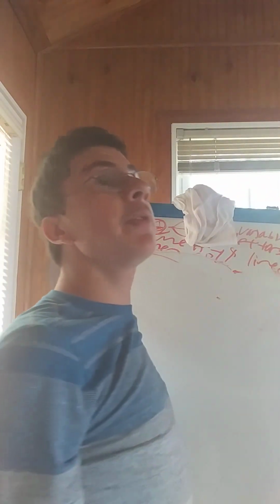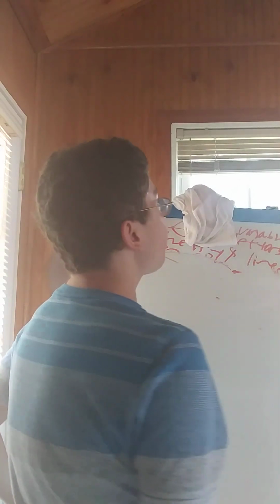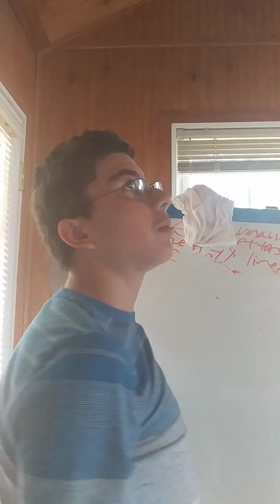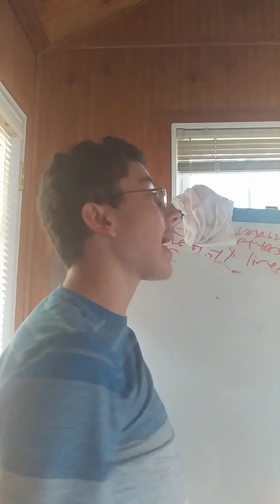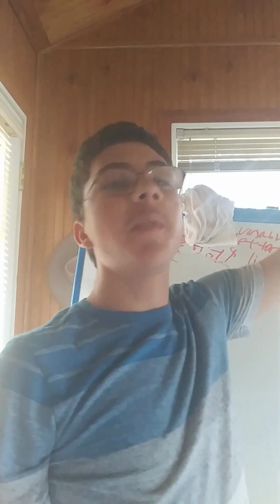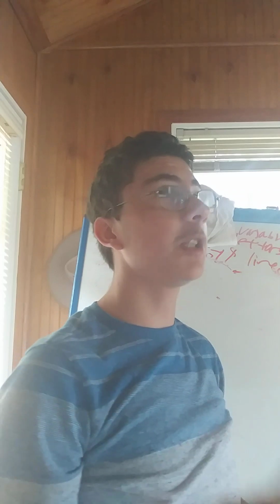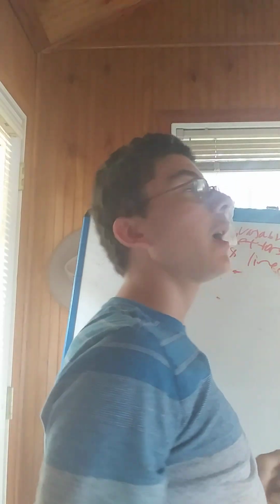So I want you in your notes to title another page, and that page is going to be right angles. Right angles. Okay? So on the top of that page, write that down, and then title your page.